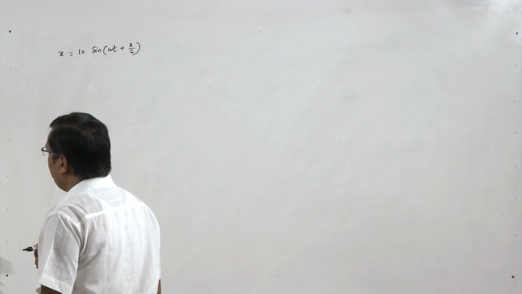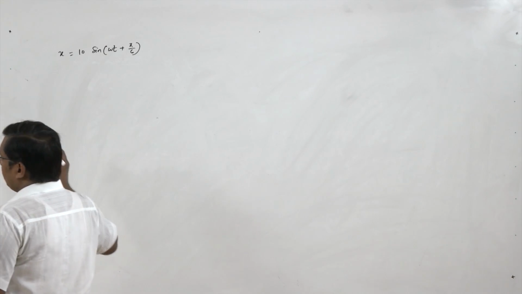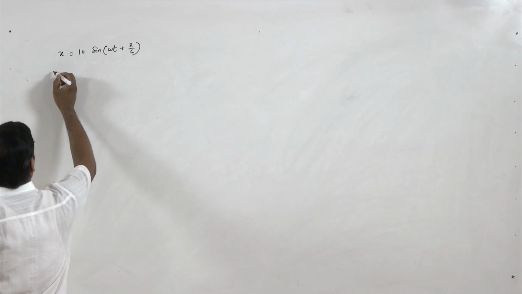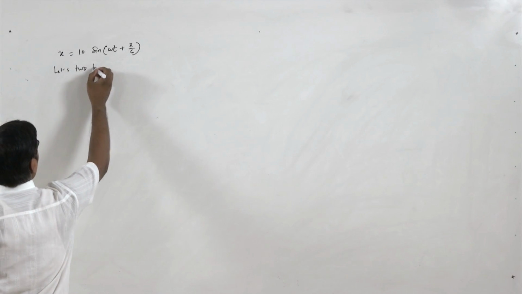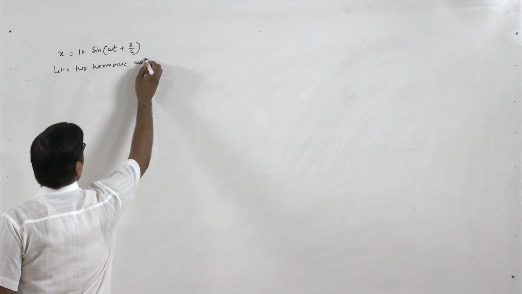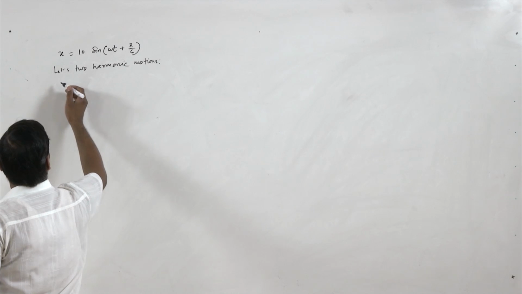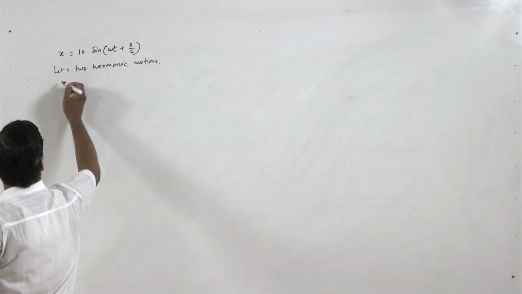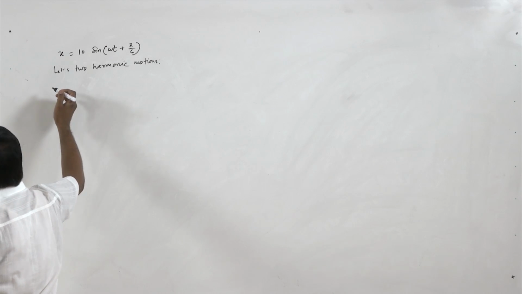So, this is our harmonic motion, and we want two harmonic motions. The first one has a phase angle of 0.